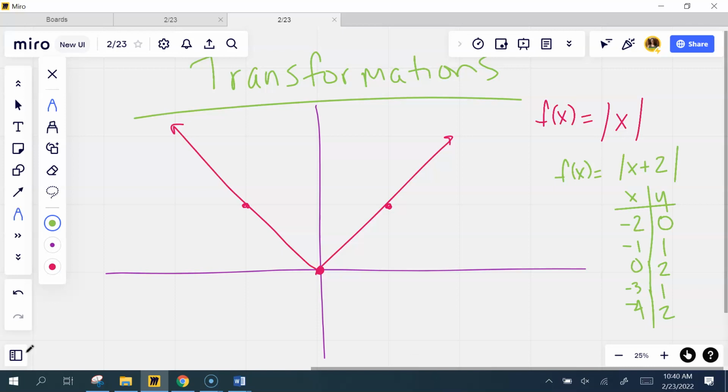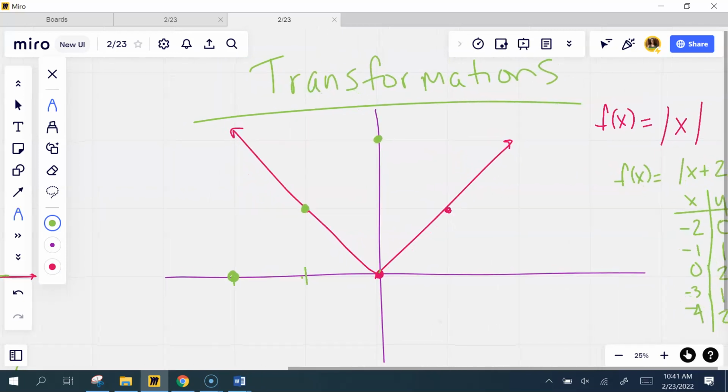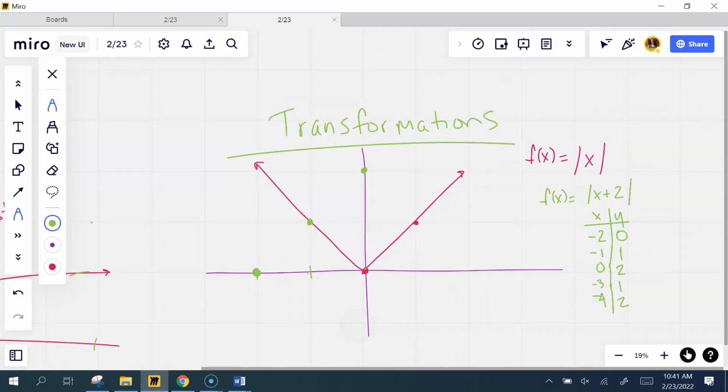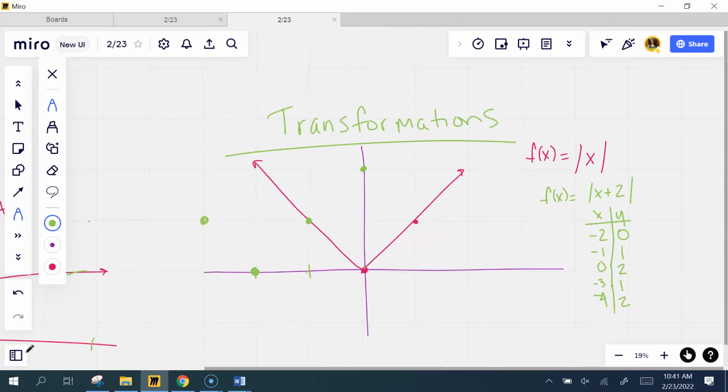So (-2, 0), (-1, 1), (0, 2), (-3, 1), and (-4, 2).